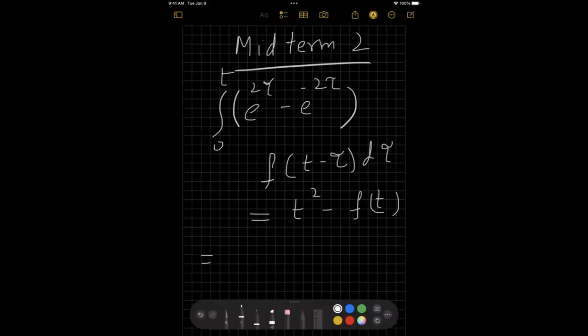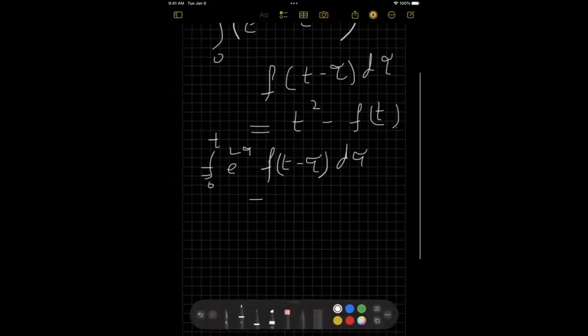So let's write it. First, our left side is going to be the integral from 0 to t of e to the 2 tau f of t minus tau d tau, minus the integral from 0 to t of e raised to power minus 2 tau f of t minus tau d tau, which equals t square minus f of t.